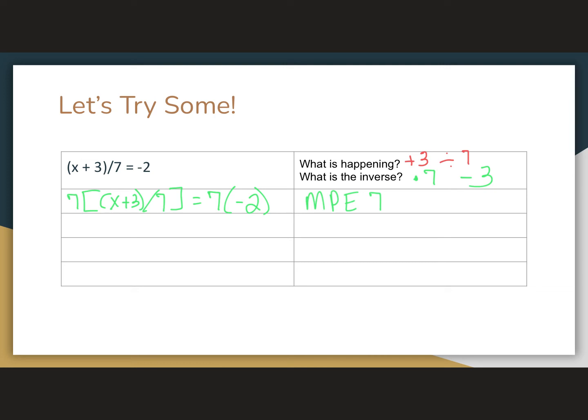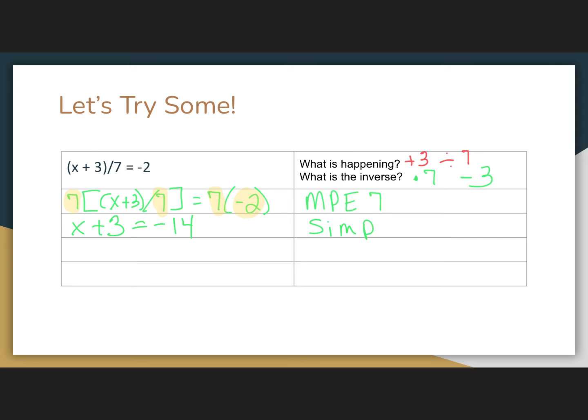So this 7 and this 7 combine to go away. And then I'm going to multiply the 7 times negative 2. So on the left side, I'm left with x plus 3 equals 7 times negative 2, which is negative 14. And again, that was simplifying.